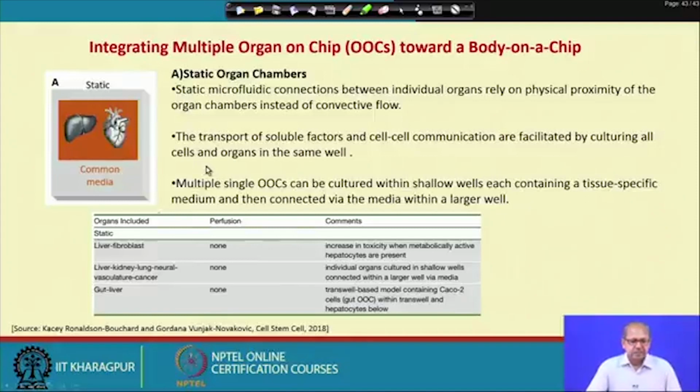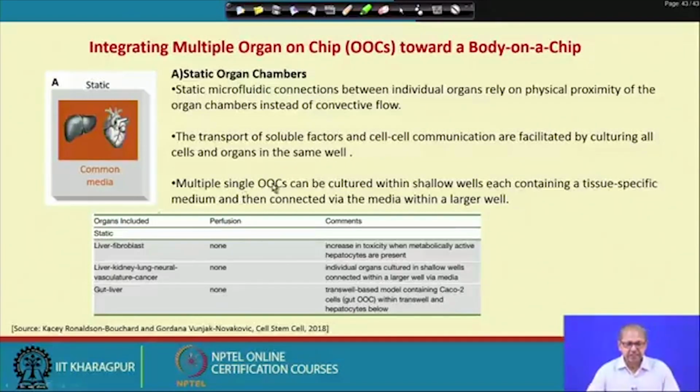The first one is integrating multiple organ chips in a static organ chamber, meaning there is no convective flow, only in one chamber where different organ on chips are there, or in a big, say, petri dish, where small petri dishes hold individual organ on chips and they are bathed in the same media.